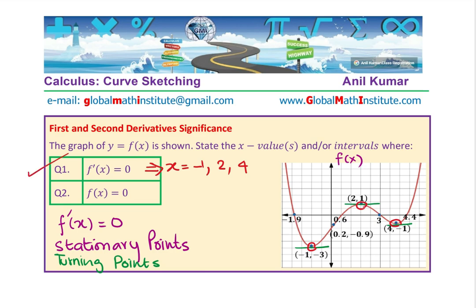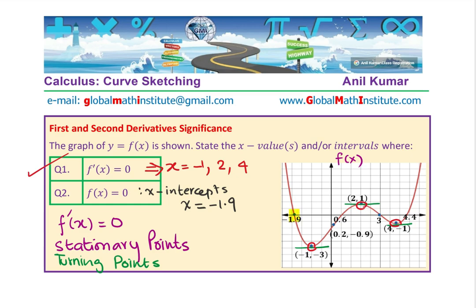Second one: where is the function value equal to 0? Function value equal to 0 means we are looking for x-intercepts, right? So clearly the x-intercepts are at x equals -1.9, which is this point.